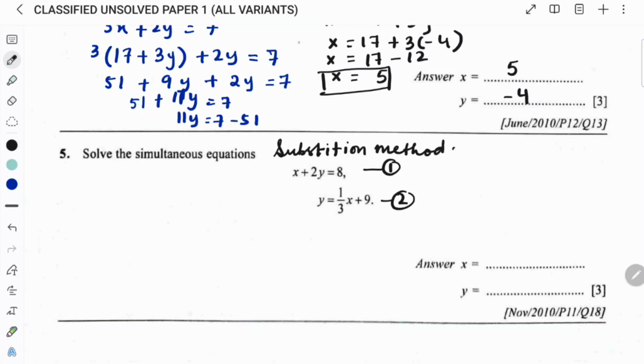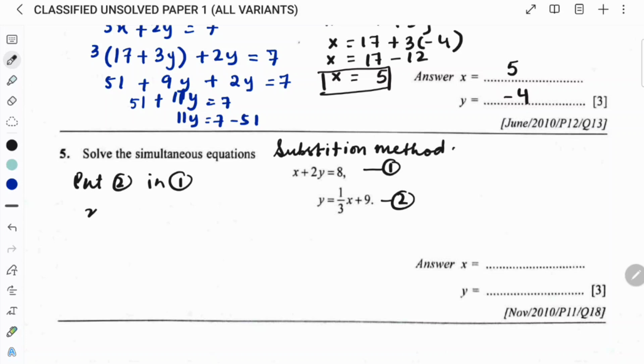The first equation is x plus 2y equals 8. The second equation is y equals 1 upon 3 x plus 9. So the second equation already has y as the subject. Substitute 2 in 1.